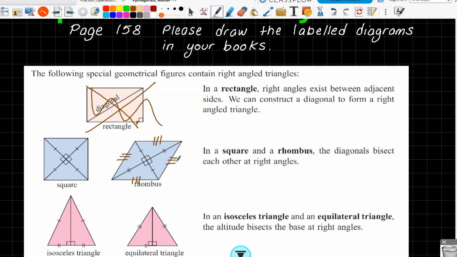I say pushed over square, and I think when I went through school they said it's a drunken square, but I don't think we're allowed to say that anymore. It's like if you get a cardboard box and you knock it over sideways. Correct. But the important thing for us to know is where is the right angle? It's with the diagonals. And the same with an isosceles triangle: you cut it in half, there's your right angle. Equilateral triangle too. So those things we need to know.